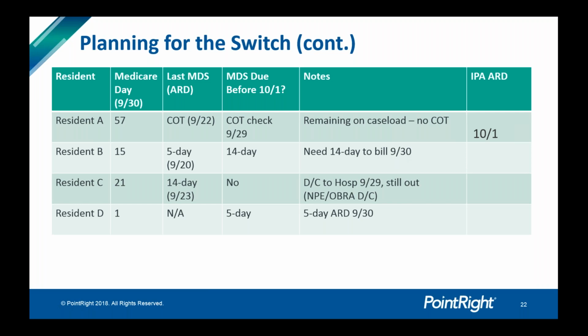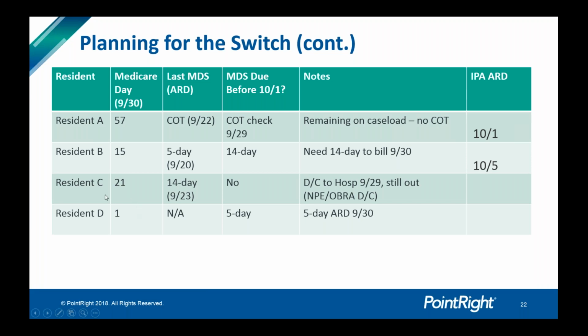So get that taken care of so you don't have to be liable for that last day in September. But then for the IPA, we're not anticipating any other changes. Maybe we'll go ahead and schedule that a little bit further out for 10/5 and put that person on the list to assess section GG for the 3 days leading up to that.